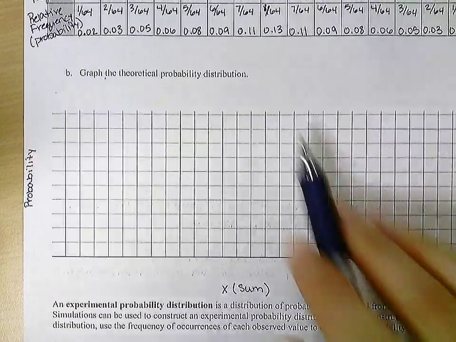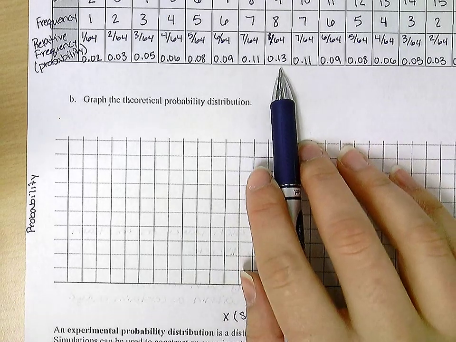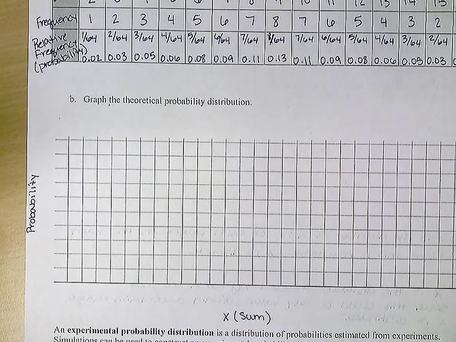So since my highest probability is 0.13, I'm just going to go up by 0.02 each time along the y-axis.